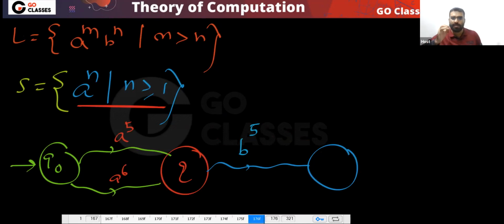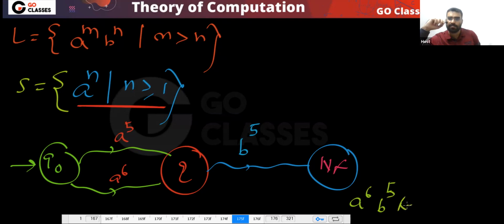Because if you make it non-final, then a power 6, b power 5 is accepted... I mean, if you make it non-final, then a power 5 b power 5 will be rejected.